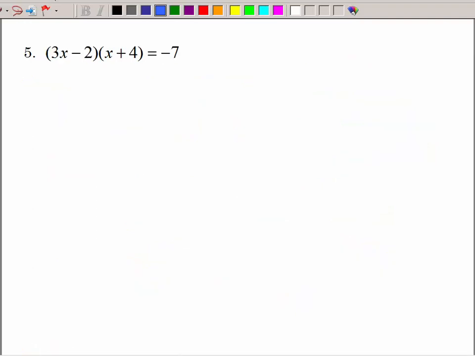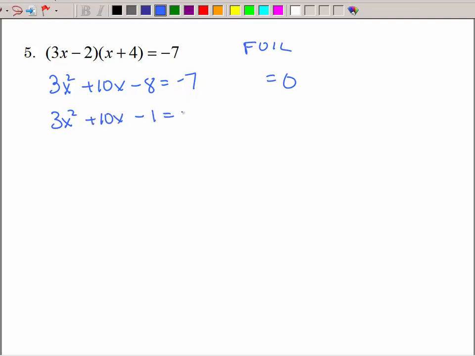All right, this last example, you have a lot of work to do to get it in standard form. So we need to FOIL it out. Set it equal to 0, so I'm going to add 7 to both sides. And then, that does not factor, identify a, b, and c, and then put it in your formula.